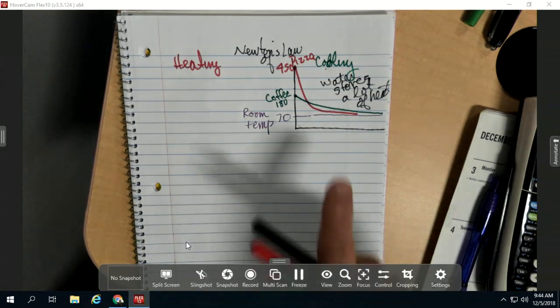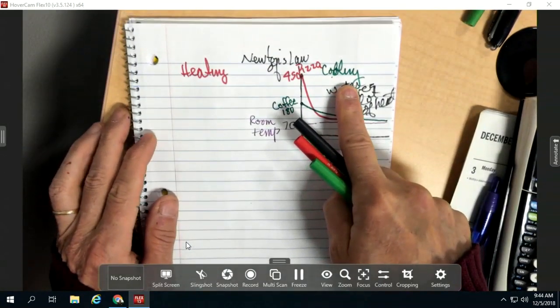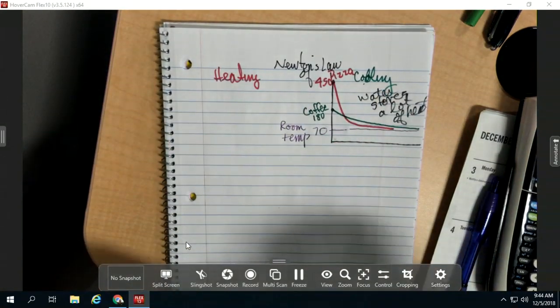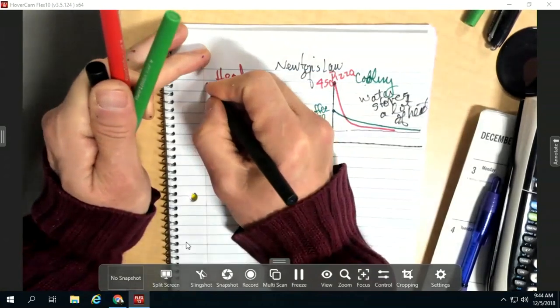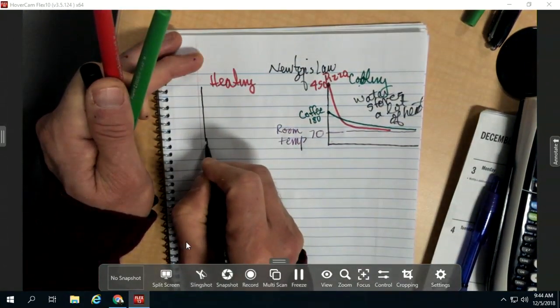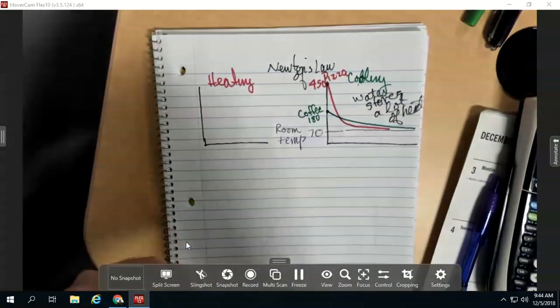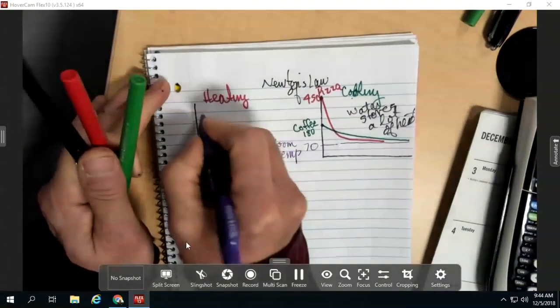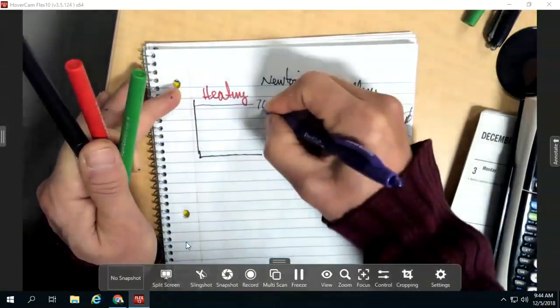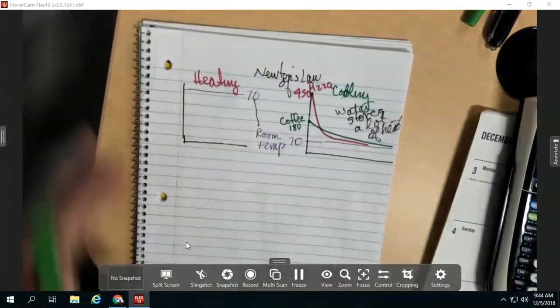Newton not only had a law of cooling, Newton had a law of heating. And to get the law of heating in, I'm going to put room temperature of 70 degrees up here rather than down there.